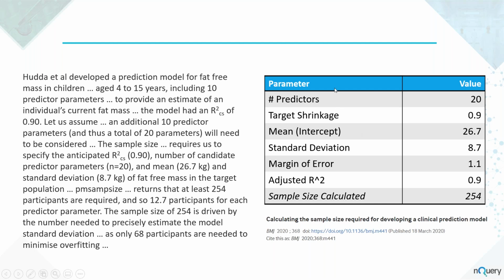They hope to have 20 predictors to accurately predict the outcome on this scale of fat-free mass in children from 4 to 15. For this case, you would need 254 people to develop a model that they feel would be useful for making predictions in this domain.